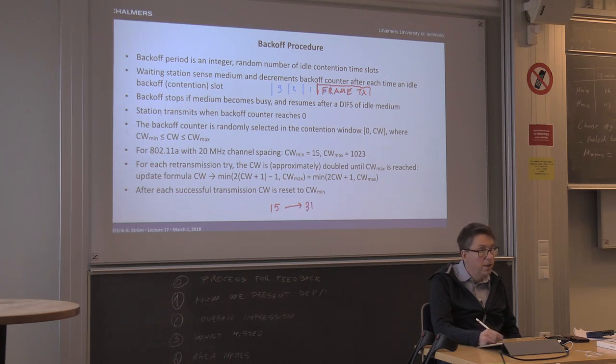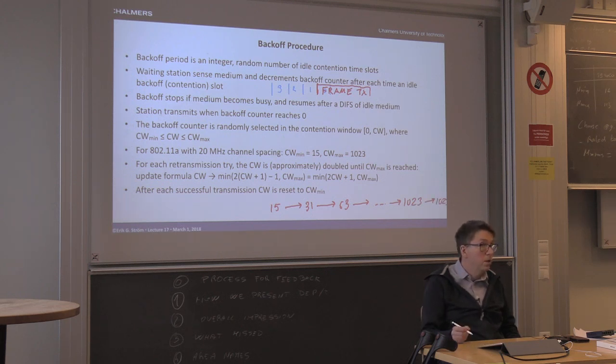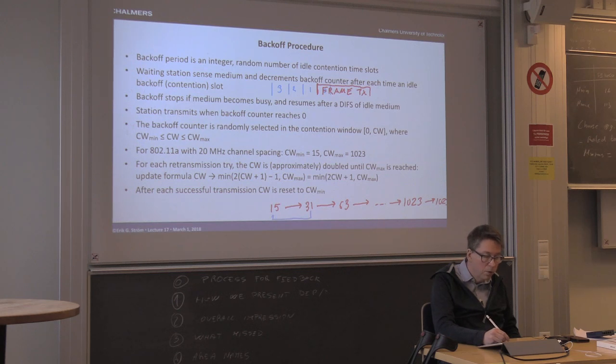And if that transmission is unsuccessful and we need to transmit again, it becomes 63, and so forth. It keeps on going until it reaches 1023, and for each subsequent retransmission, it remains at 1023. As soon as we do a successful transmission, we reset the CW to the minimum one.